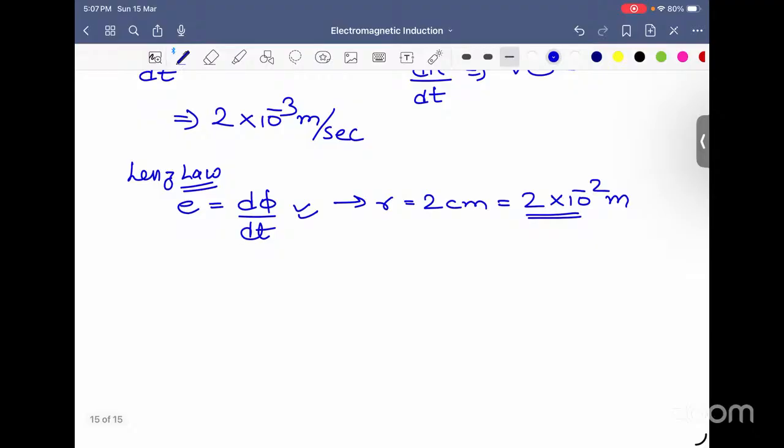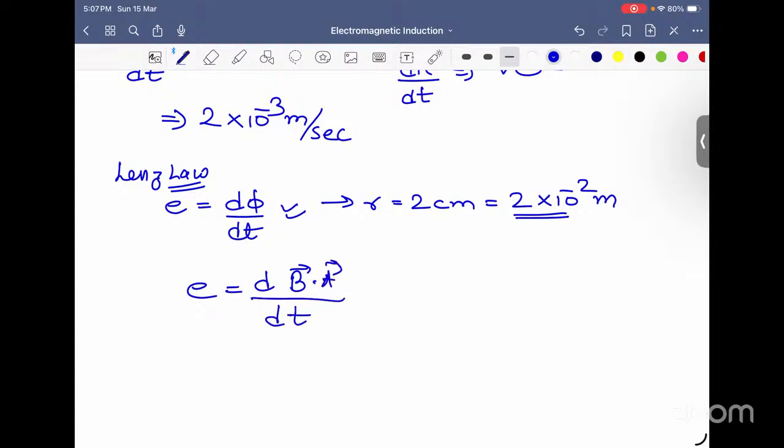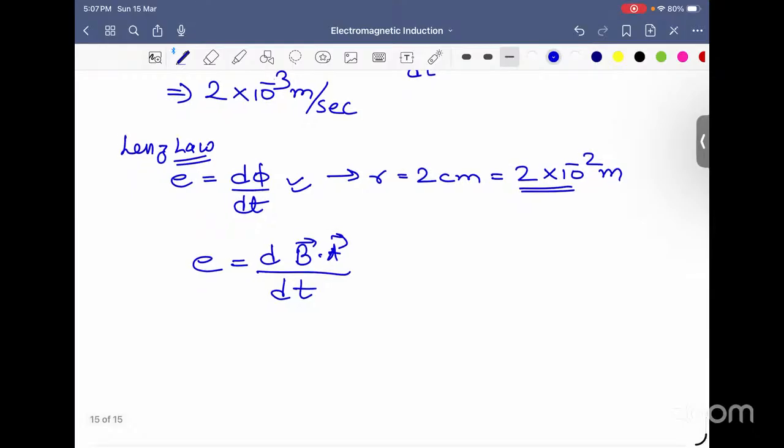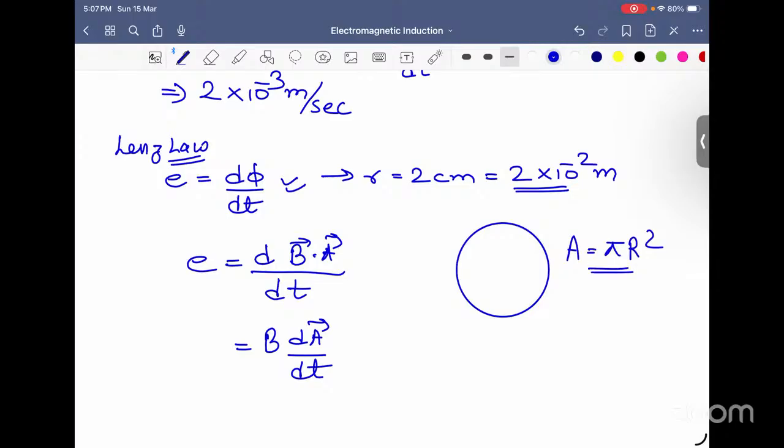They're asking us the induced EMF. We know that EMF is given by d phi by dt, and for a loop the flux is B dot A. In this question the magnetic field is constant, so B comes outside and we have dA by dt. Since it's a circular loop, the area is pi r squared. Pi comes out, so this will be d r squared by dt.